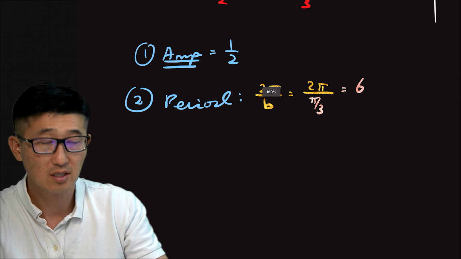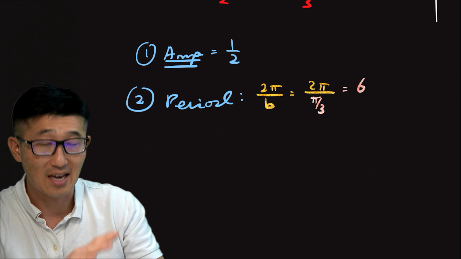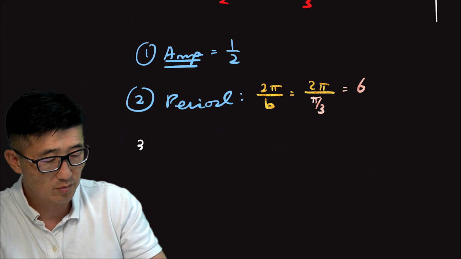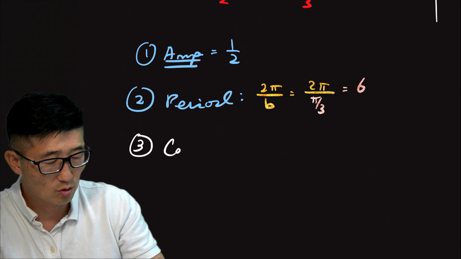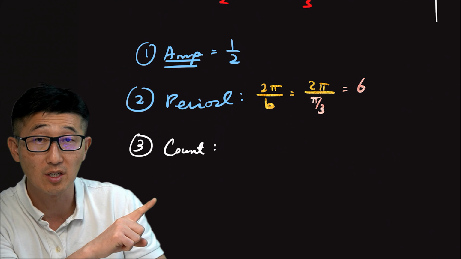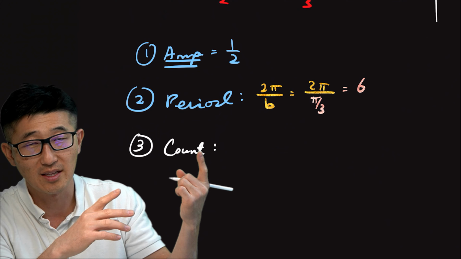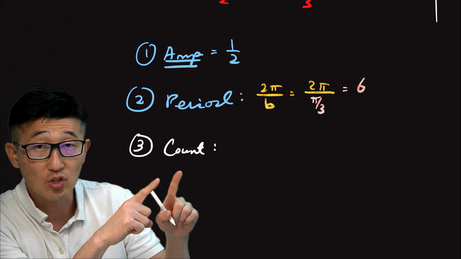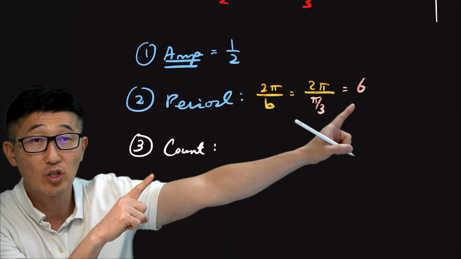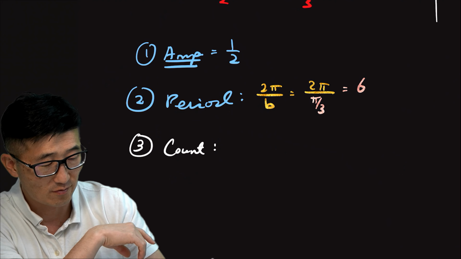Now, the period is not that important. It's the count, and I don't know if Miss Tan does this, but she might do something similar and call it something else. I got this from a teacher who called it count, so I just ended up calling it count. The moment you get your period, cut it up into 4 parts, or divide it by 4.